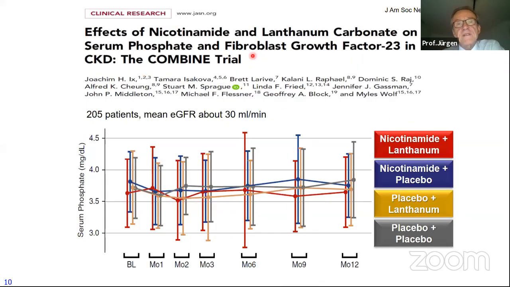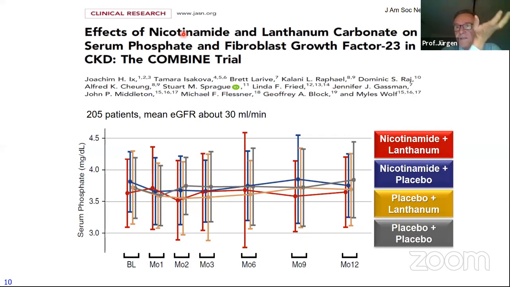The other interesting substance is an old one, nicotinamide. Here's the combined trial, nicotinamide combined with lanthanum carbonate. Nicotinamide blocks most intestinal phosphate transporters, because if you give a phosphate binder like lanthanum carbonate, the intestinal wall will sense, oops, the phosphate is low.